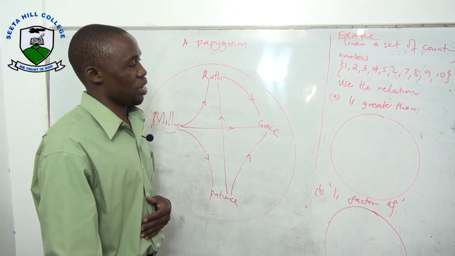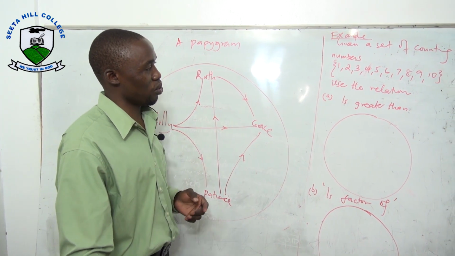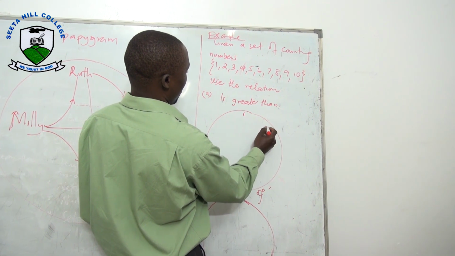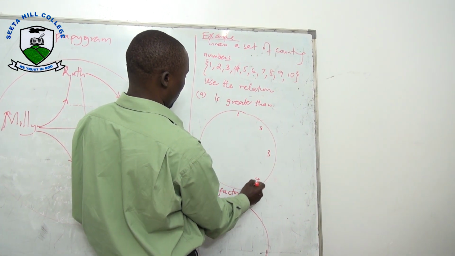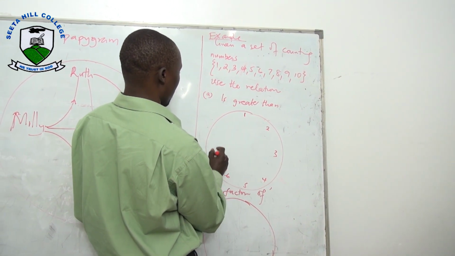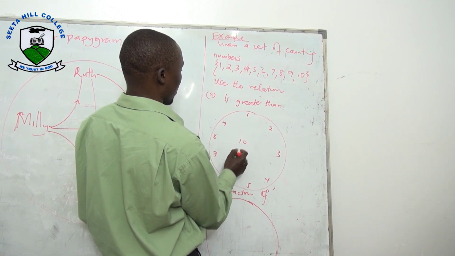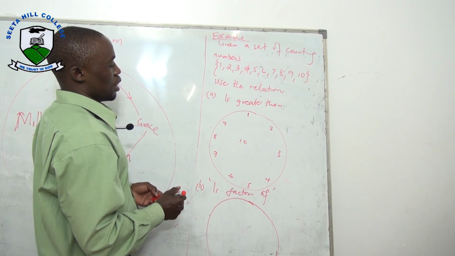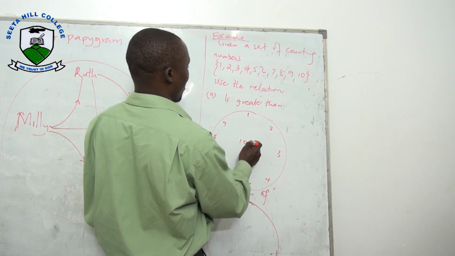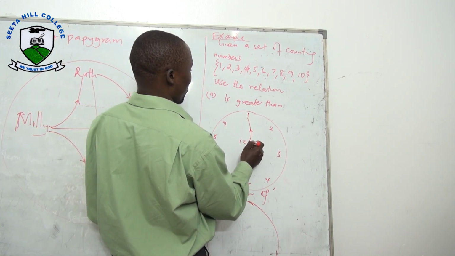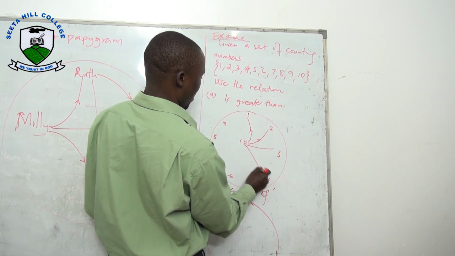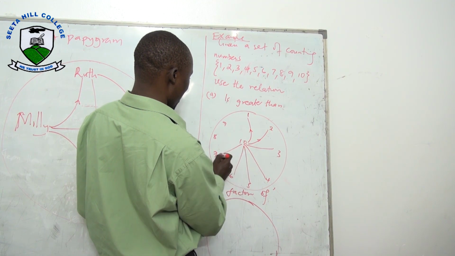Now we are using is greater than. We have 1, 2, 3, 4, 5, 6, 7, 8, 9, 10. It can be anywhere. Who is greater than the other? 10 is greater than all. Yes.